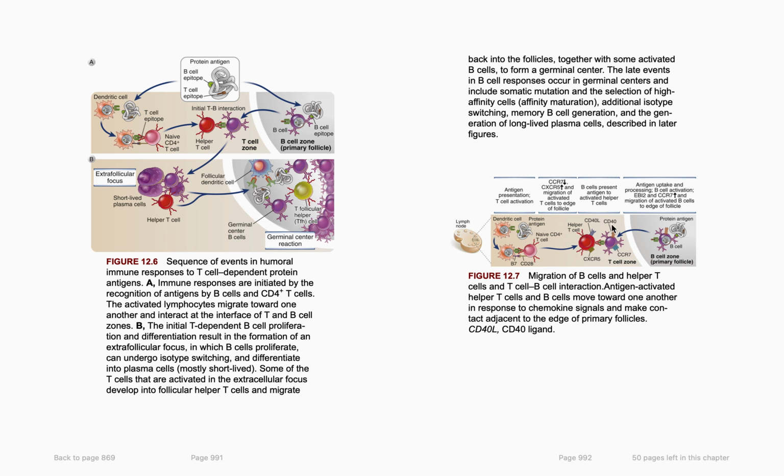Then CD40 ligand, it expresses CCR. If it has started to express this one, you see it has lost some of the characteristics, something like CCR7, almost similar to the T cell when it is in a normal state. So this is why they meet and other functions happen.